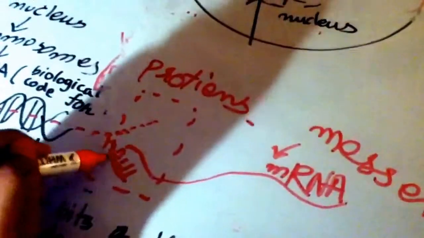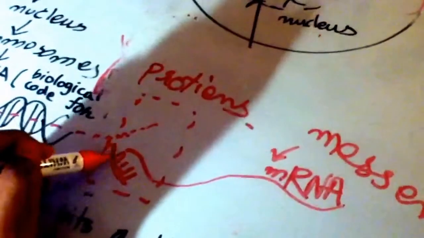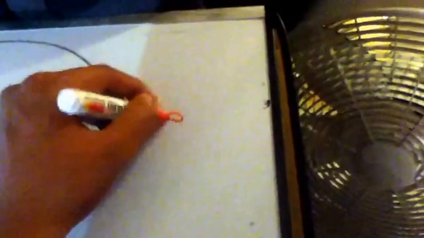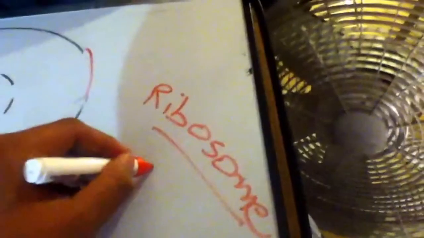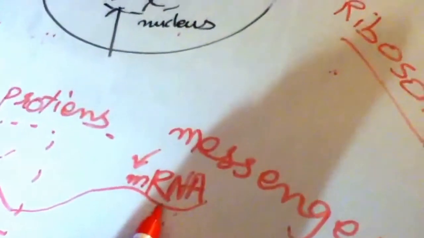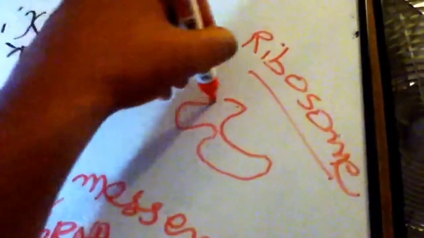Obviously, one of which is the one that we are talking about, the one that splits the DNA and uses the sequence encoded within it to make the mRNAs. And then there is a structure called ribosome. Ribosome, that's the name of the structure. It uses the sequence encoded on the mRNA to make different kinds of proteins.